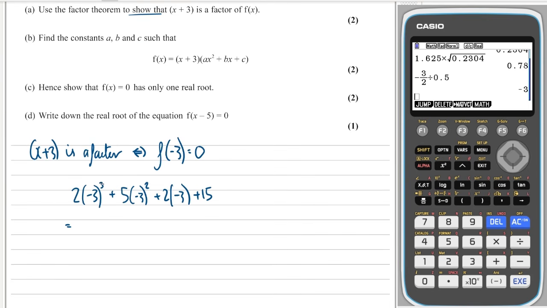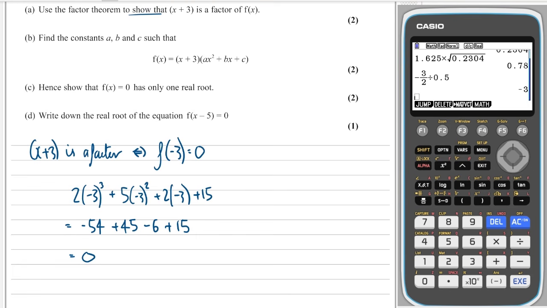So minus 3 cubed is minus 27, times by 2 is minus 54. Minus 3 squared is 9, times by 5 is 45. And then we've got 2 times minus 3, which is minus 6, and plus 15. And I think now it's safe to assume that we can total this up and say that this equals 0.